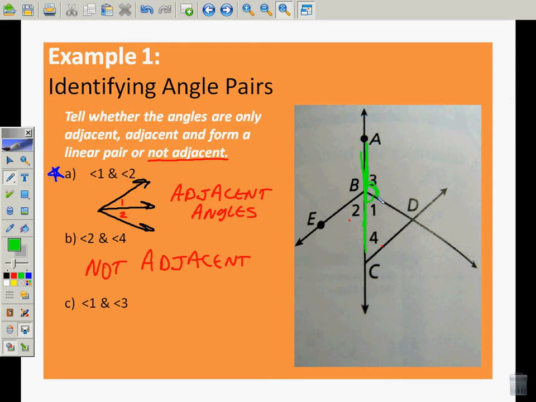So I'm going to call these a linear pair. And they're still adjacent angles. They're still adjacent, but they are a linear pair because they form a line. Okay? It's going to be very important that we remember a linear pair in our vocabulary because that's going to come up later. It's going to be very important for things like standardized tests to get into college.